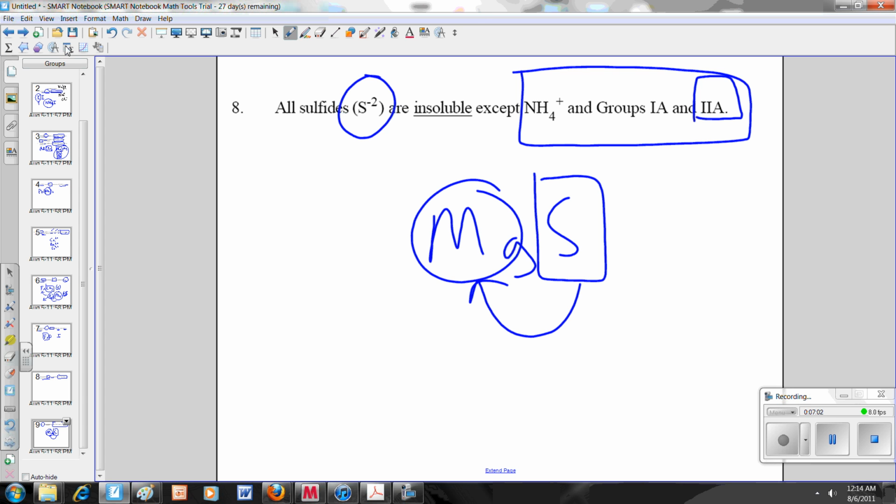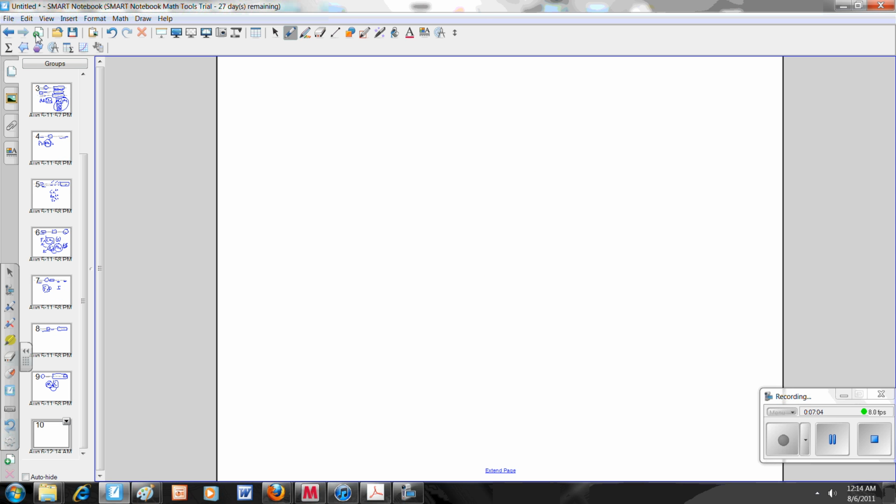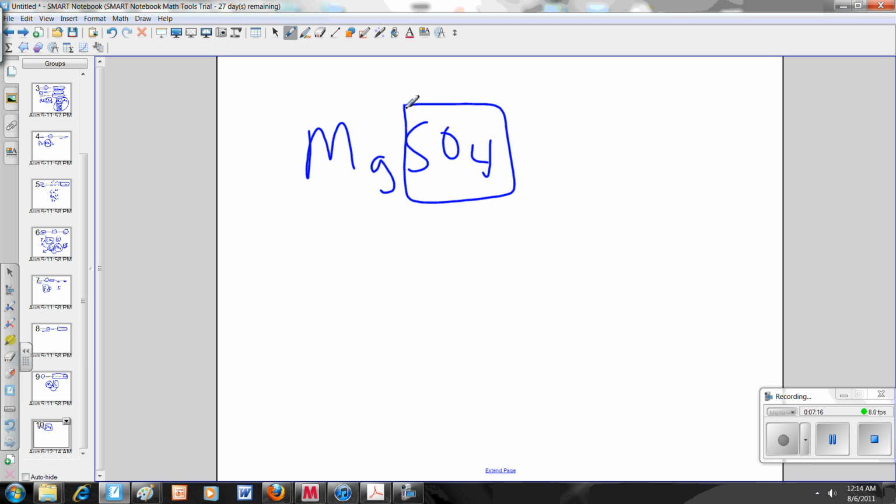Now, let's take a look at a couple. What if I told you MgSO4? I give you this ionic compound. Soluble or insoluble? Well, you have SO4, so you go back to the rule. What's the rule for SO4?